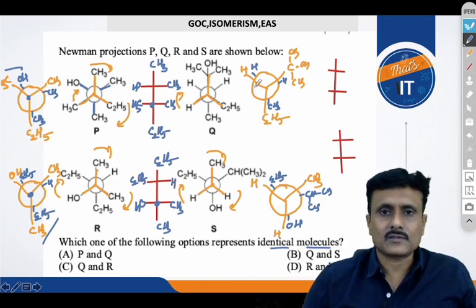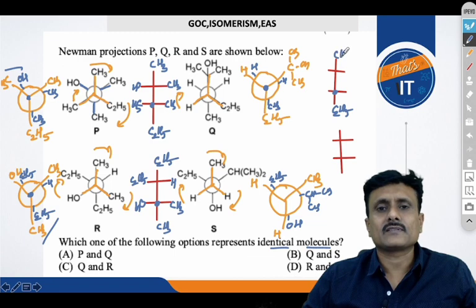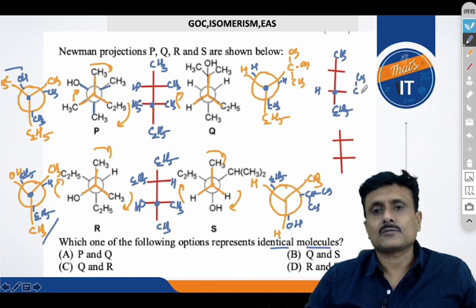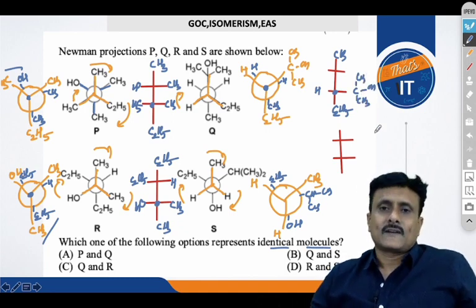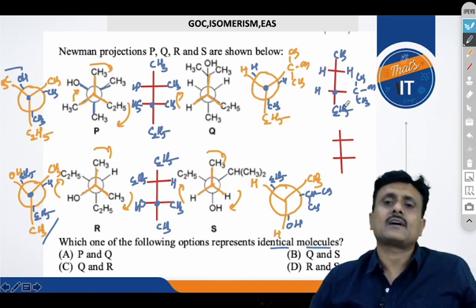Alright, hope you understood. I am writing this carbon over here. So you have C2H5, CH3 eclipsing, you have the hydrogen here, alright, and you have this group. Okay, so you can see two hydrogens are eclipsing, and this group is eclipsing also with the hydrogen, isn't it?